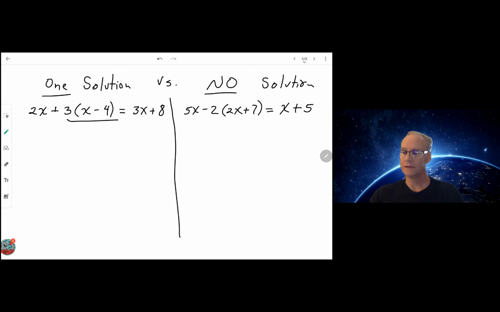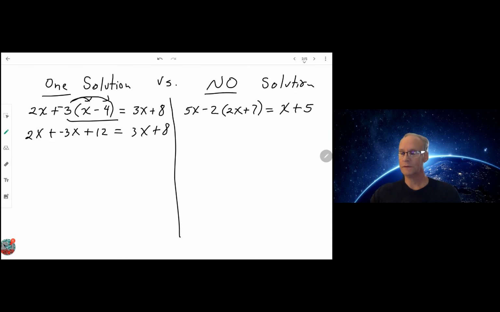This is plus a -3. So don't make that error. And we're going to go ahead and solve this. We end up with 2x plus -3x, or minus 3x, same thing. -3 times -4 is positive 12. And that's equal to 3x plus 8.